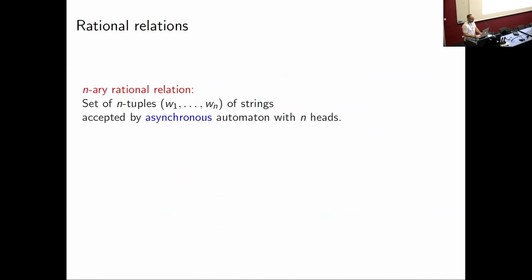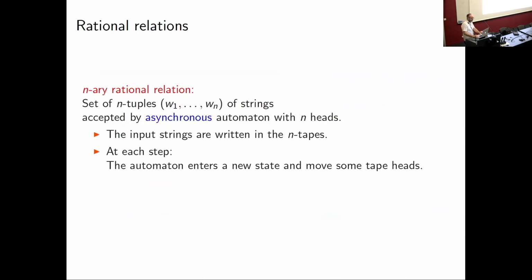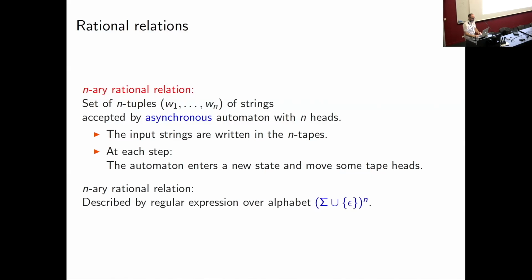So what is an n-ary rational relation instead of a regular relation? It's a set of n-tuples of strings accepted by asynchronous automata with n heads. As before, the input strings are written in the n tapes horizontally, but at each step, the automaton enters a new step and moves some tape heads, so it can move asynchronously between the tapes.